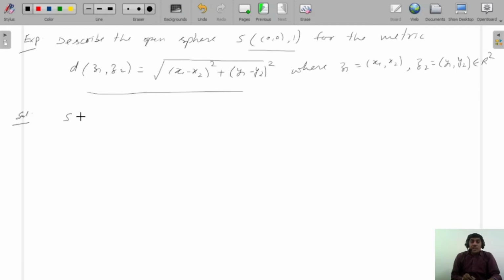Sphere centered at (0, 0) with radius 1, we can write it as S1(0, 0).